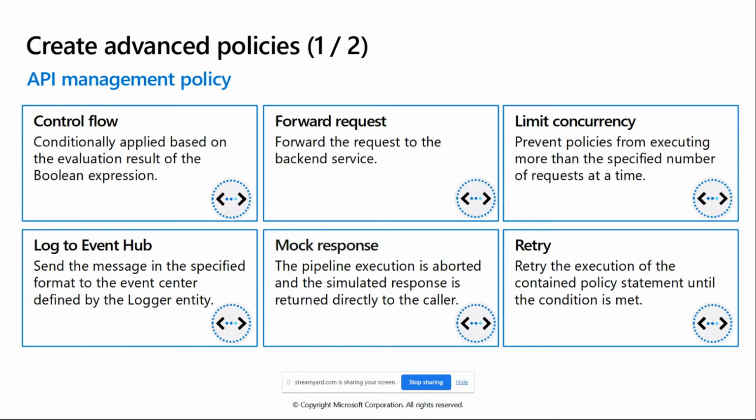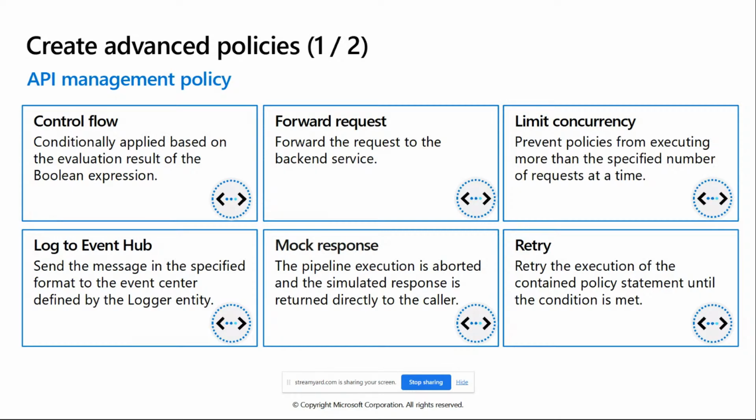And mock response is a simulated response, where without any pipeline execution, it would be giving it directly to the caller. And retry is something where, until the condition is actually met for the policy statement, it would keep retrying.